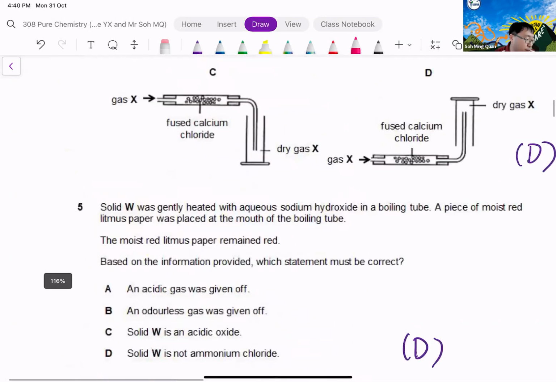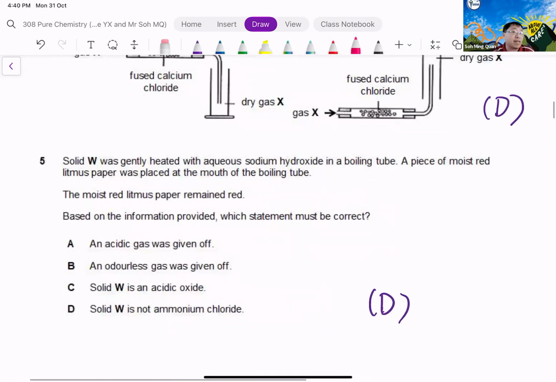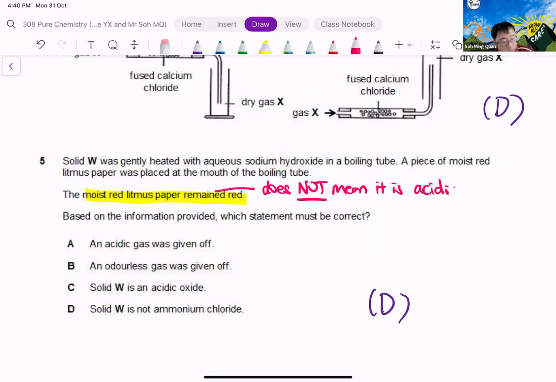Now, question 5 was very poorly done. Question 5 is actually not from Pure Chem. It was taken from the 2017 Combined Science Chem paper. And this one really tests whether you know your stuff. When the moist red litmus paper remains red, when litmus paper doesn't change color, it does not mean it is acidic. You don't know, right?